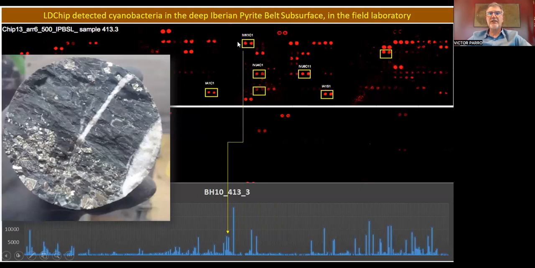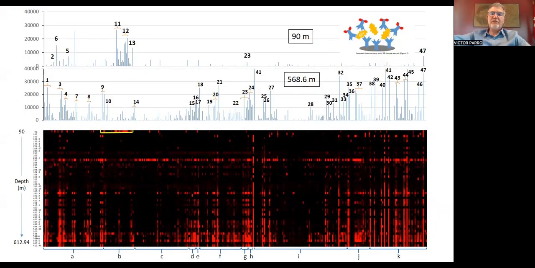This is the case from the Rio Tinto, where we identified for the first time the presence of cyanobacteria. This antibody was indicating the presence of biomarkers very similar to the ones we used to produce the antibodies, revealing the presence of these microbes there. We did a total vertical profile of all the samples down to 600 meters.